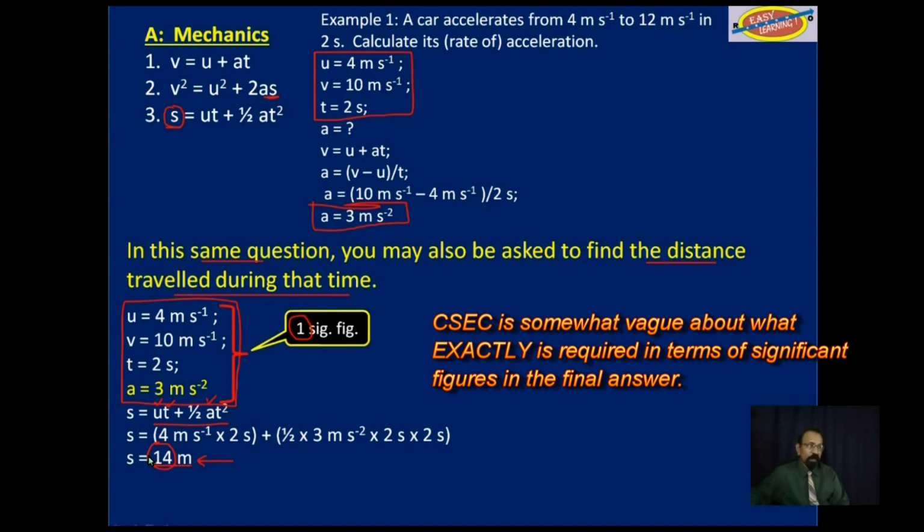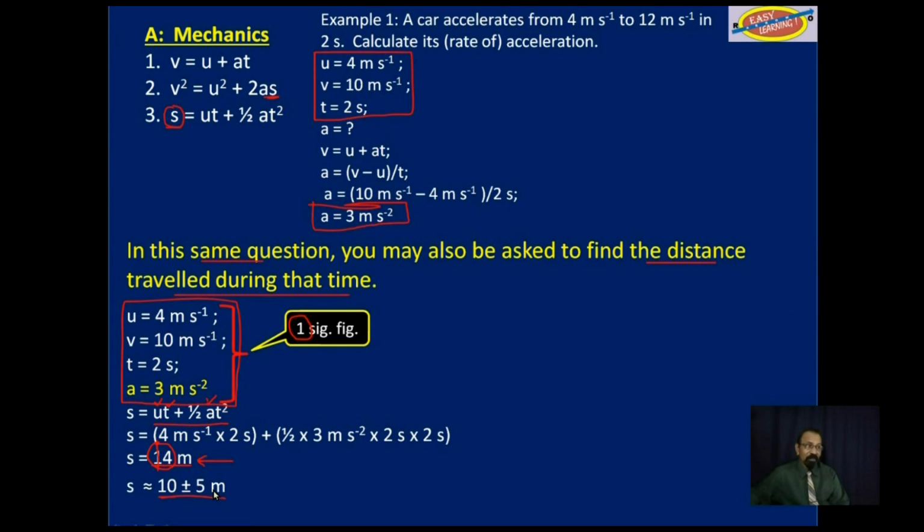So let's round off at the tens position and we get S is equal to 10. And since we are rounding off at the tens position, that uncertainty will be half of that tens position, which will be 5 more and 5 less. So our answer is 10 plus or minus 5 meter. That is the distance.